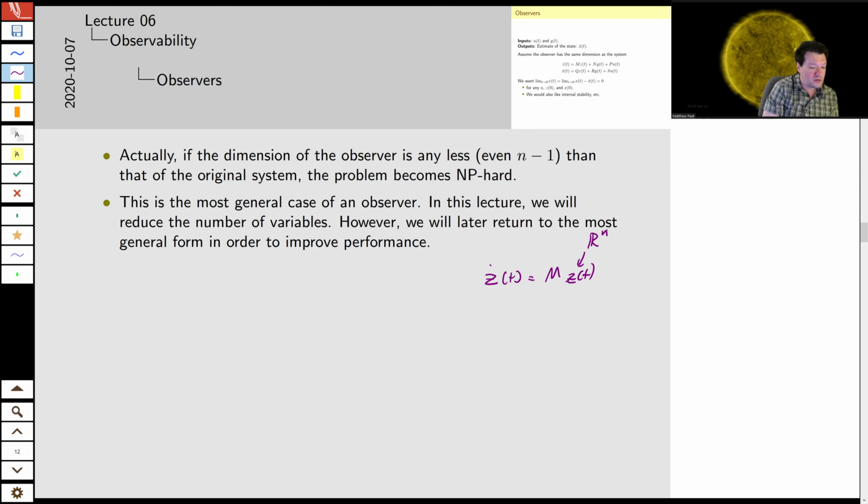As we argued, if you give the observer 0 dimension, you're back to the static case, and we know that's not solvable.